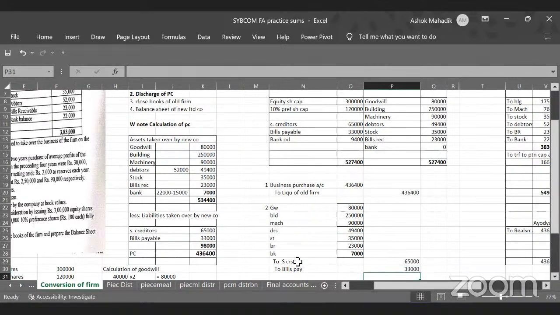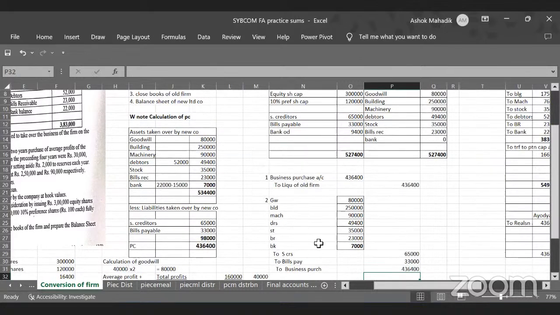Okay. To business purchase. Remember these entries. Business purchase, the sale value, that of PC, 436,400. Clear, students? So two entries are done.